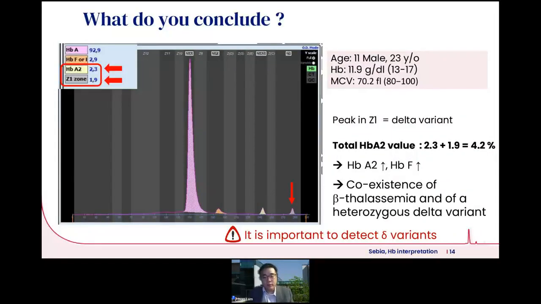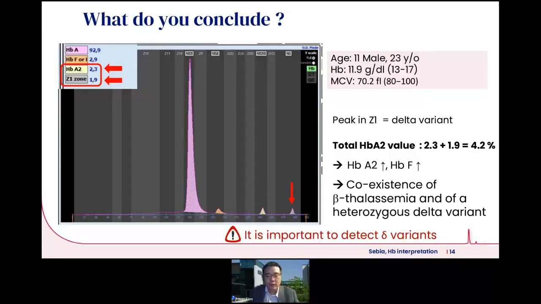So let's take a look at a typical case example. So here you have a male patient, all right, with a hemoglobin level which is low, 11.9, out of the reference range, and also an MCV that's low as well, out of the reference range.